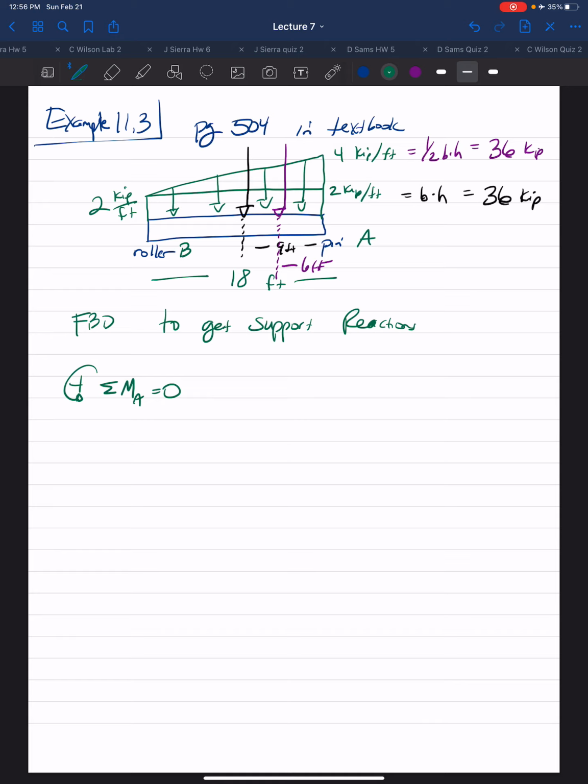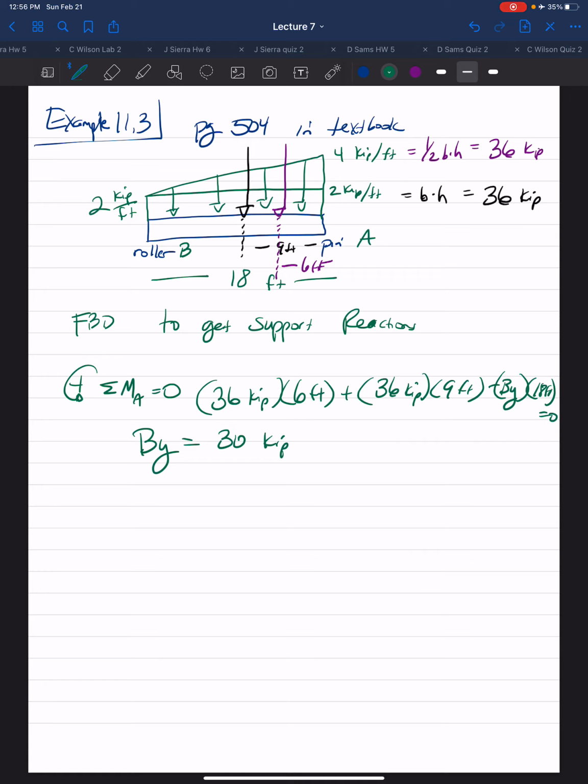So we have the triangular loading force, 36 kip, times the perpendicular distance to point A, which would be 6 feet, plus the rectangular loading times its perpendicular distance, 9 feet, minus the roller times the total length, 18 feet, equals 0. Solving for By, we get 30 kilopounds.